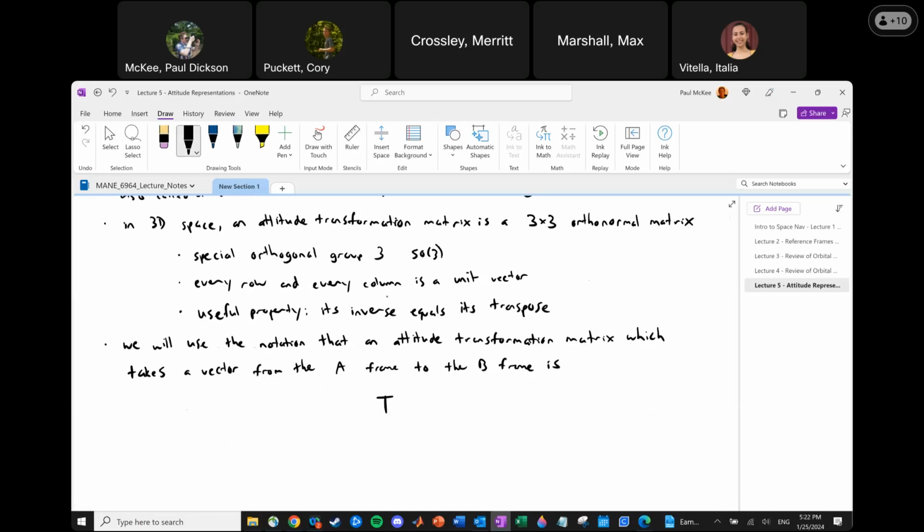T for transformation, A is the before and B is the after. So this is before, and this is after.